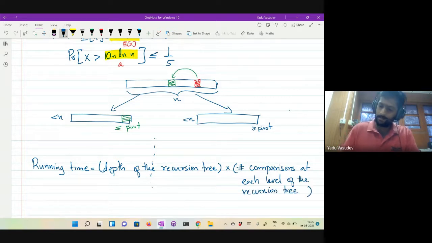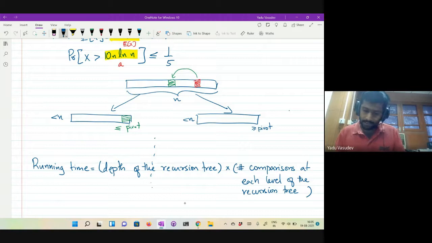Look at the number of comparisons at the first level. The number of comparisons at the second level is the number of comparisons in the first part plus the number in the second part, and so on. So the total running time is the depth of the recursion tree times the number of comparisons at each level.